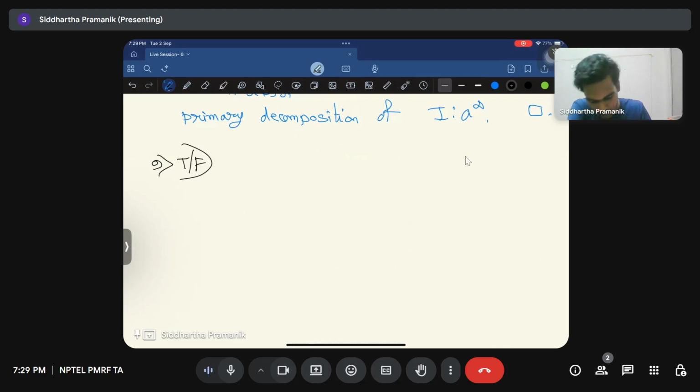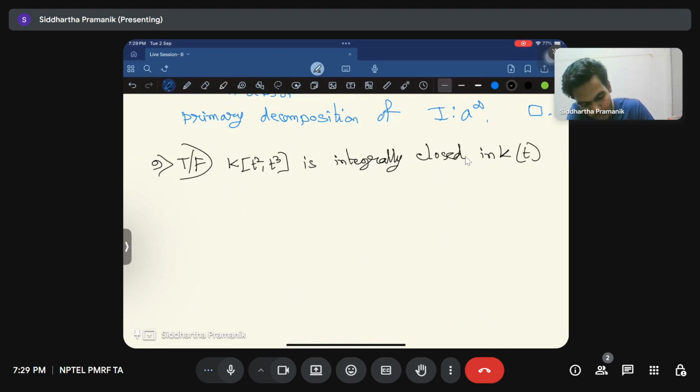If you take the ring k[t^2, t^3], the polynomial ring, then this is integrally closed in k(t). So this is true or false. So this ring is integrally closed in this ring or not. We need to check that one.